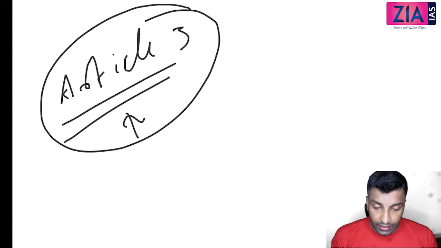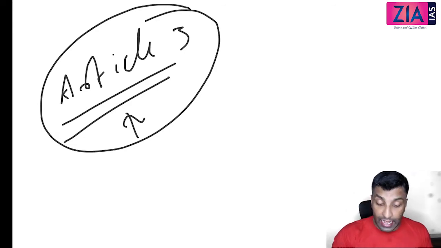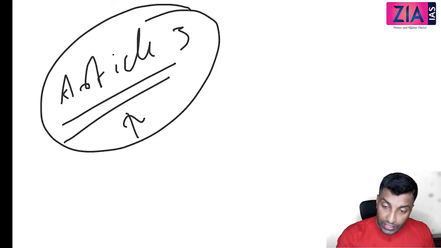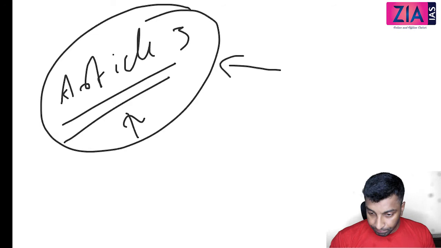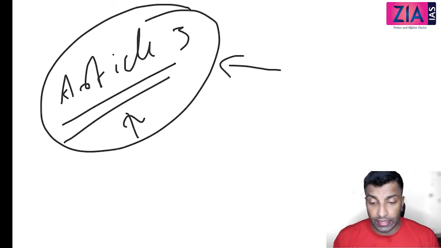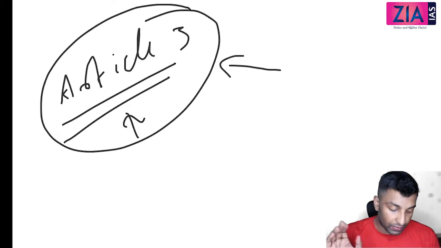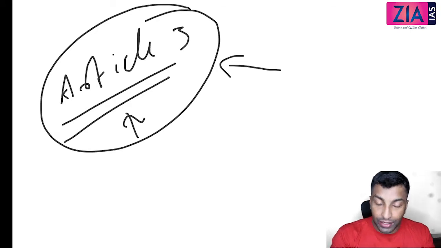What is Article 3? Article 3 actually is related to the Parliament can change the names, area, boundaries of the state even without the consent of the state. Okay, so on a sudden day, the Parliament can change the name of the state, alter the boundaries of the state. Okay, so what does that mean? The state do not enjoy any right over this.